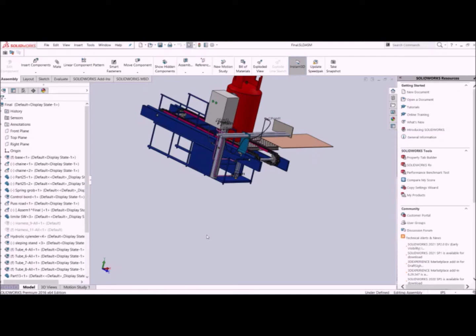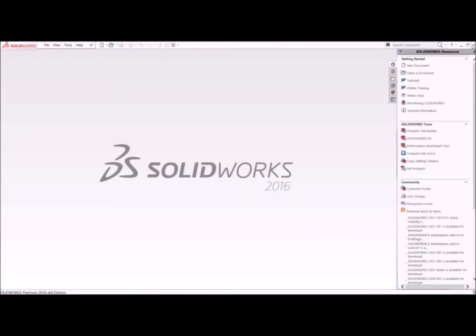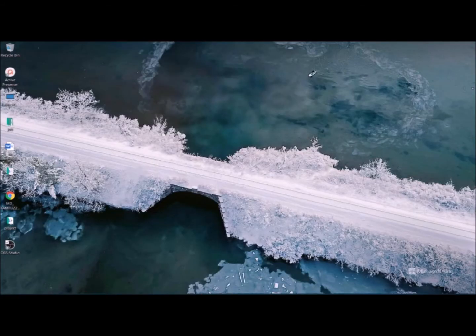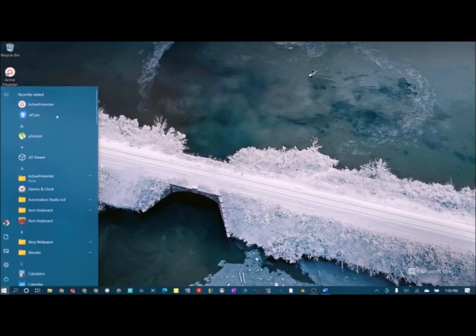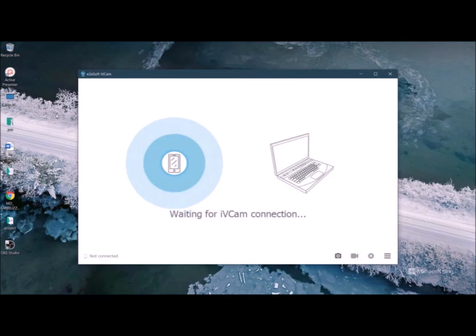So that was my design. Now I want to show you the project that I have made. Please allow me to connect my phone.